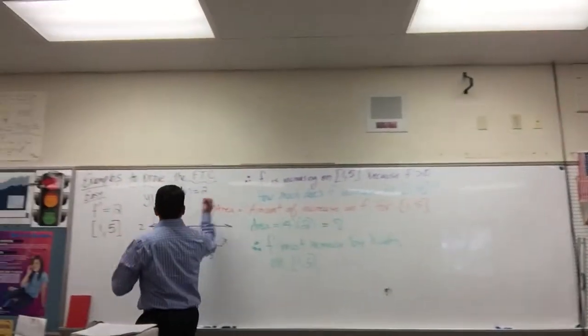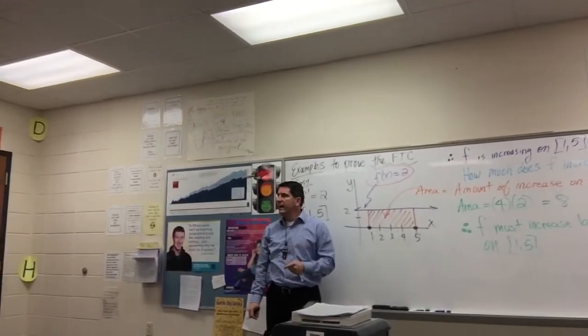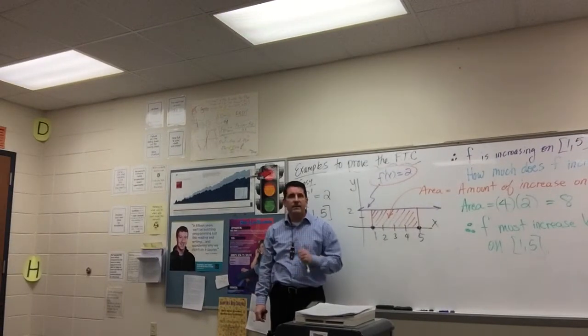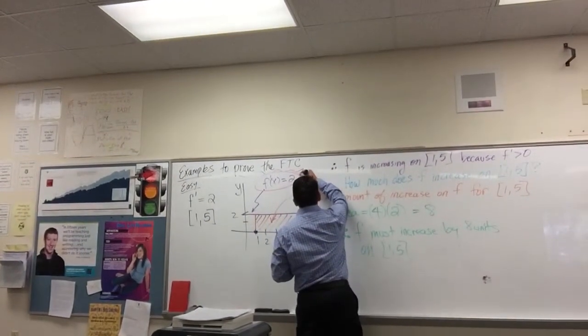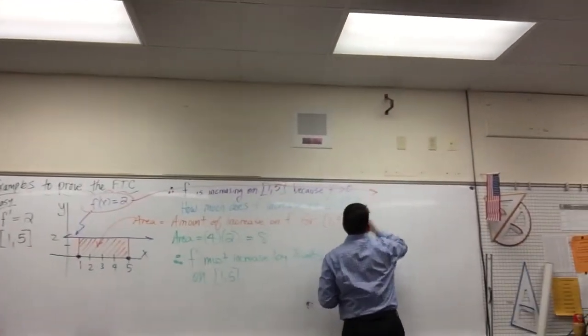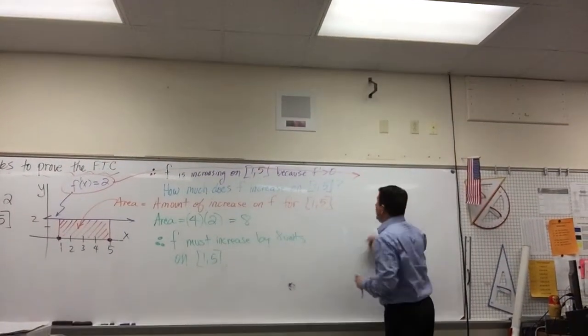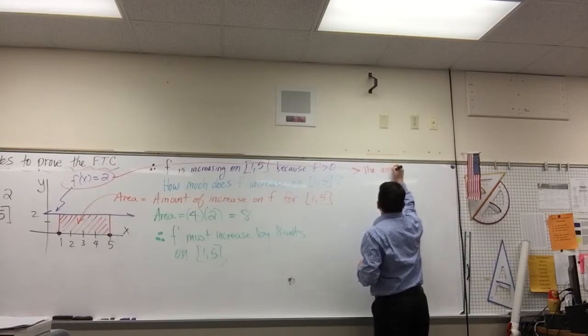Notice that we're given f prime of x is equal to 2. Is it possible for us to figure out what f of x is? So this is huge here. This is f prime. So what we're going to say is the antiderivative.